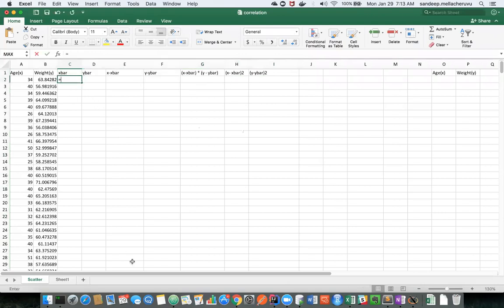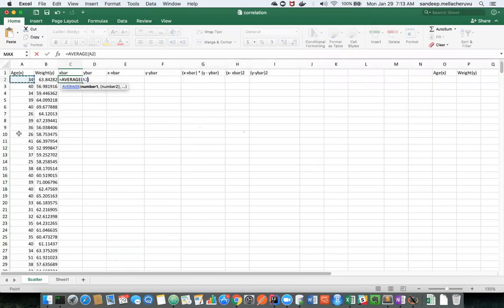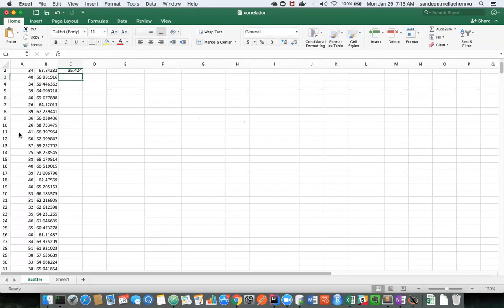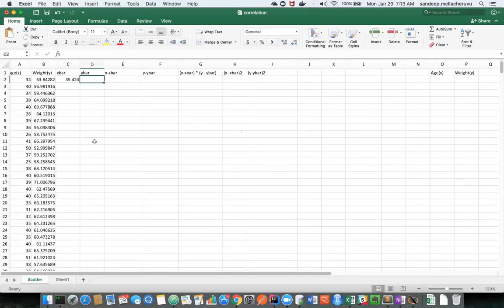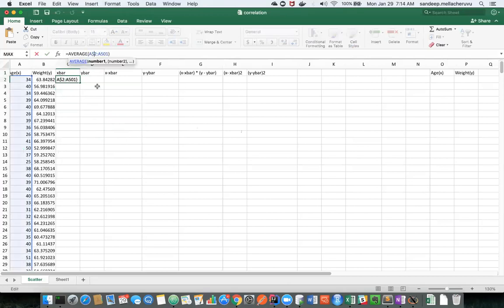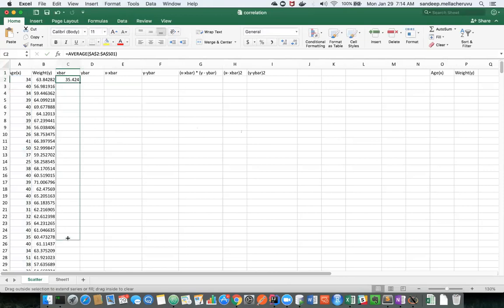Now, x bar is nothing but average, and for average, I can do the first one and command shift and down arrow. This should do. X bar I got. And for simplicity, I'm copying this same cell across all the data.